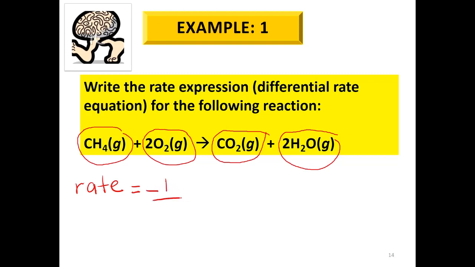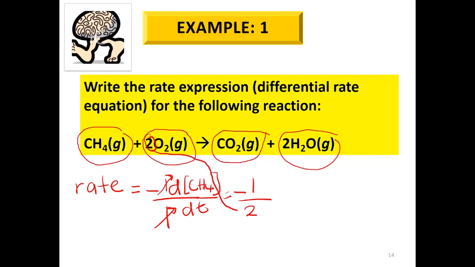So we have negative 1 over 1, d CH4 over dt, where you can cancel the 1, is equal to negative 1 over 2, where the 2 comes from the 2 moles of oxygen, d oxygen over dt, is equal to now the products.